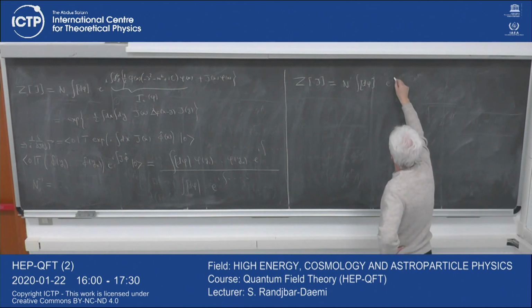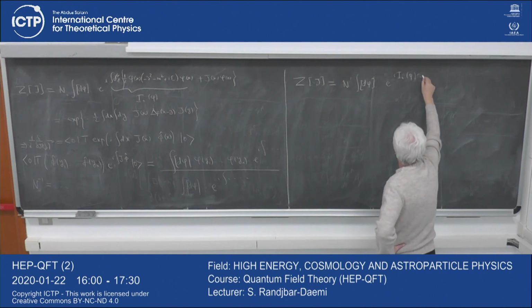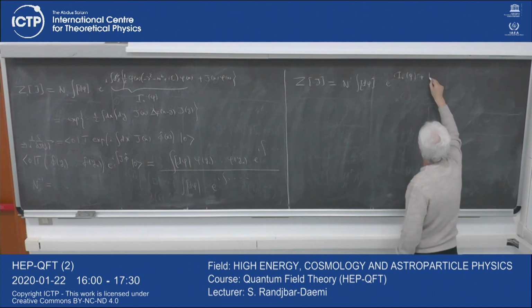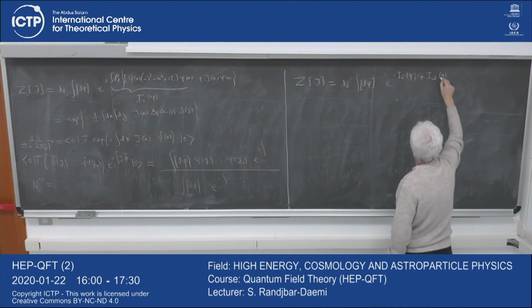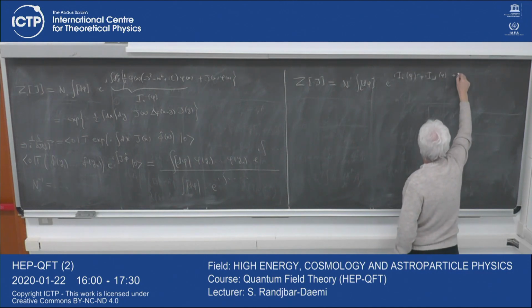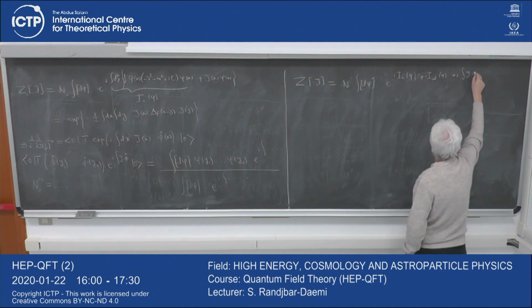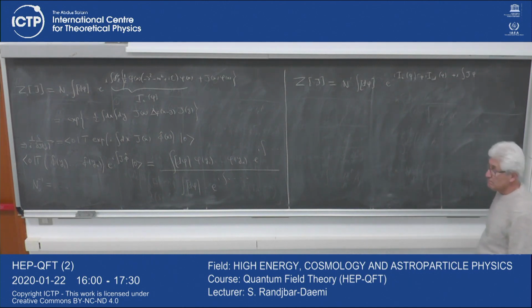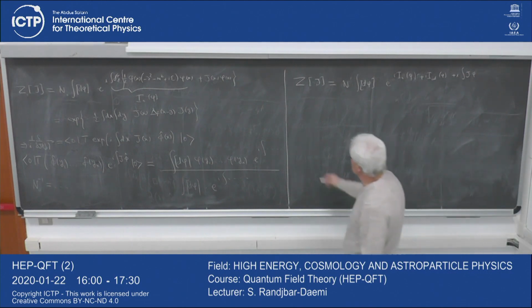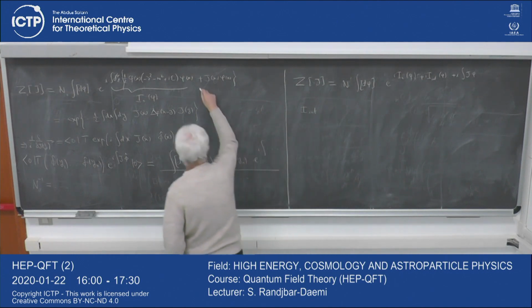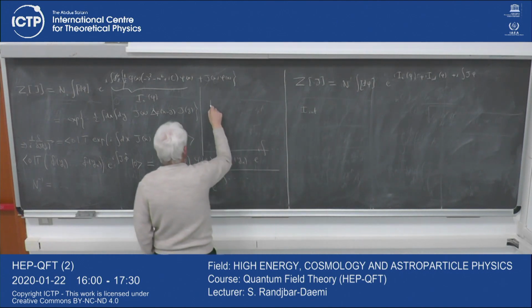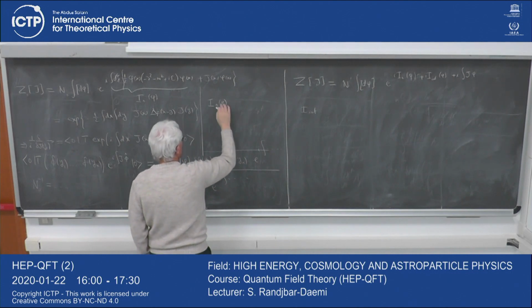But the exponent will be this time I0 plus a term we will call I interaction of phi plus i j phi, where I interaction, let me put I0 here so that you know which part we have in mind.